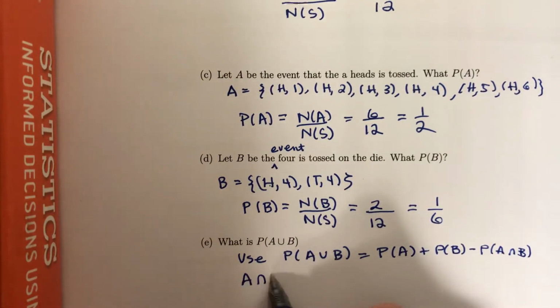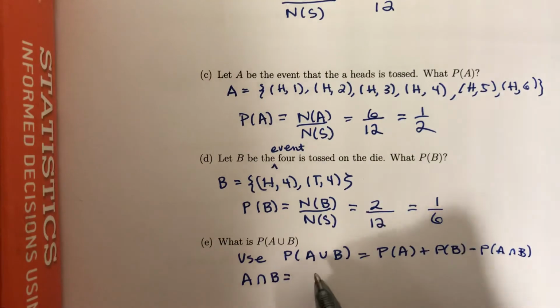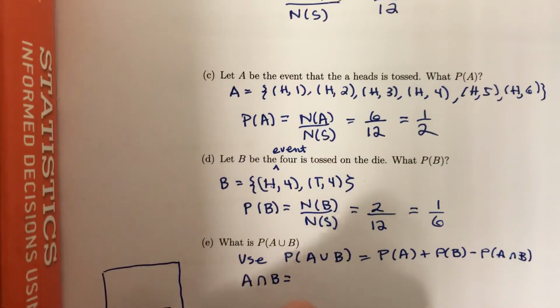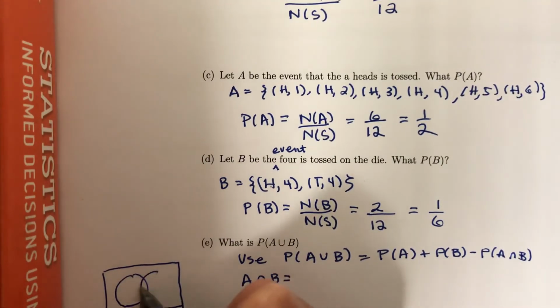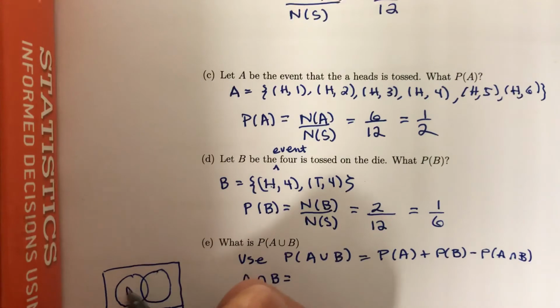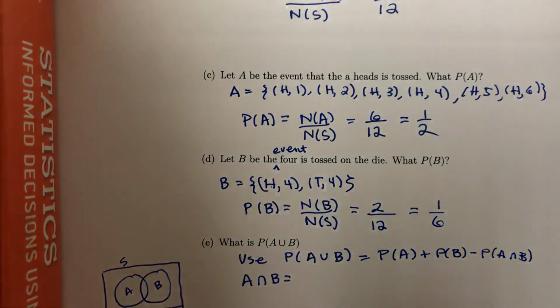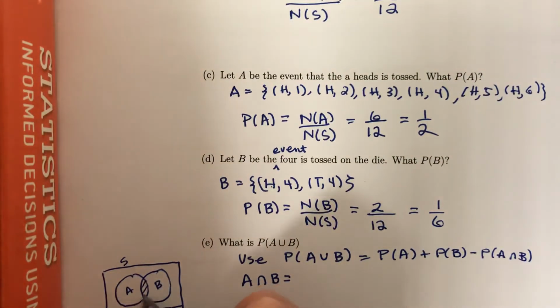What's A intersection B? It's the part that's in common to both A and B. So here's a little drawing right there. That's the intersection right there.